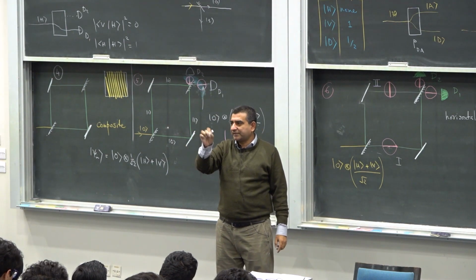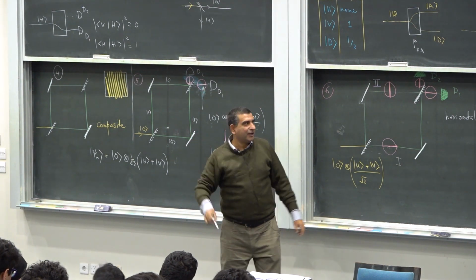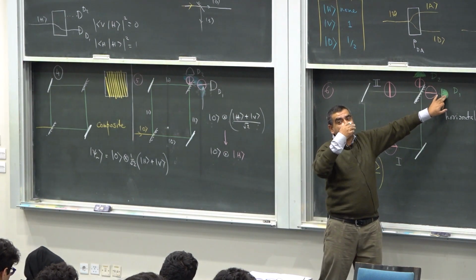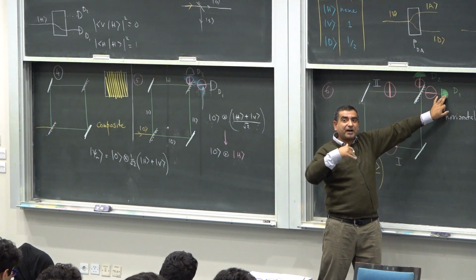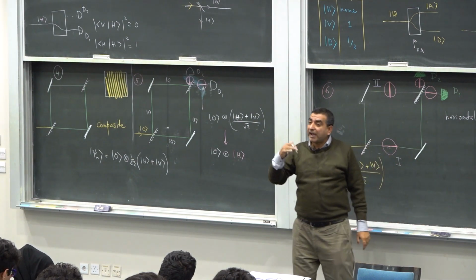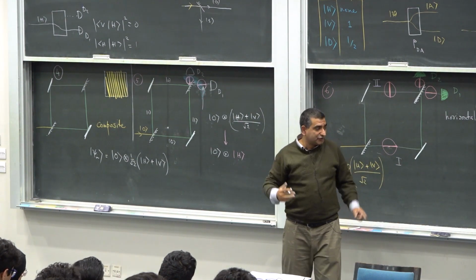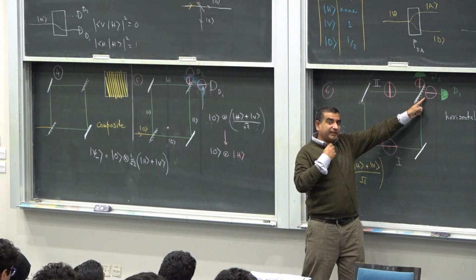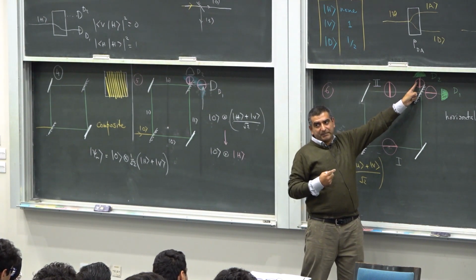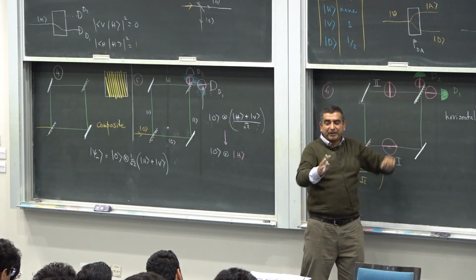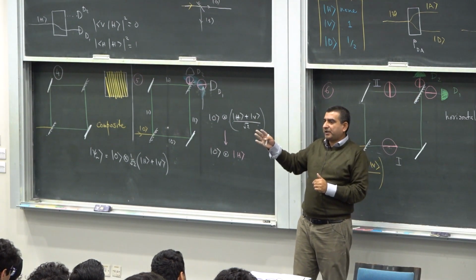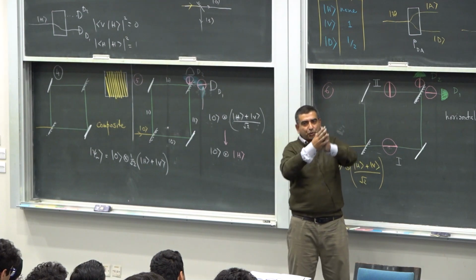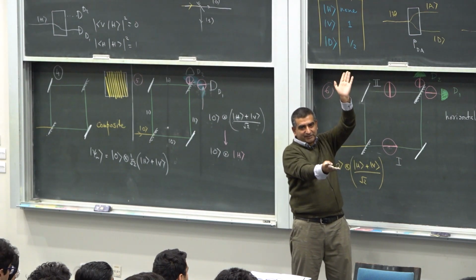We must be uncertain about which detector clicks. Even though by looking at the clicks we can determine which path the photon has taken, it was equally likely that either detector may have clicked. So we're totally uncertain about which detector has clicked.